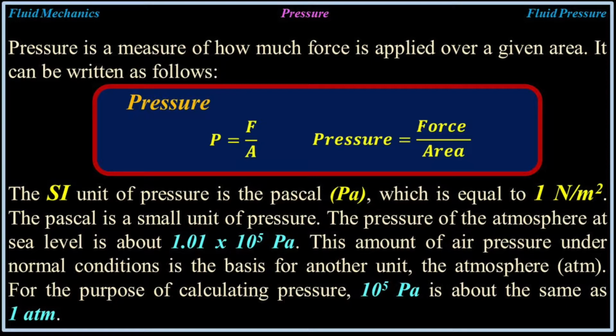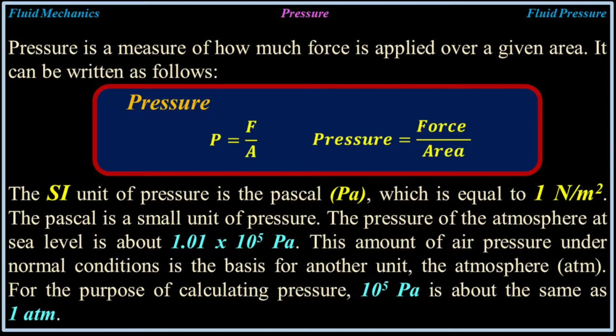The pascal is a small unit of pressure. The pressure of the atmosphere at sea level is about 1.01 times 10 to the 5th pascals. This amount of air pressure under normal conditions is the basis for another unit, the atmosphere.